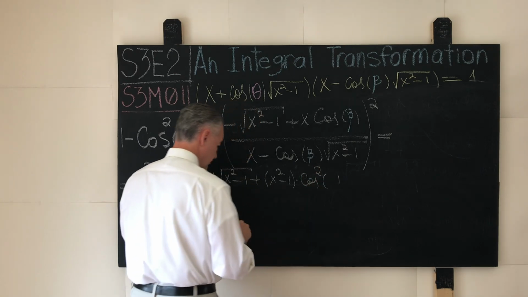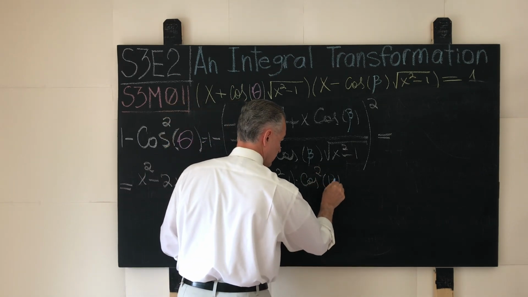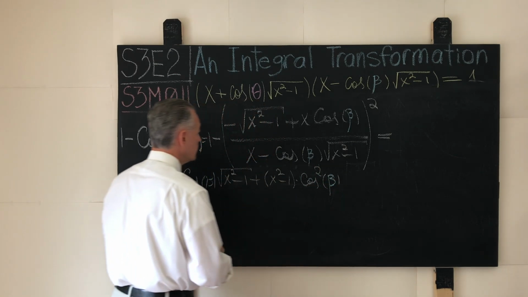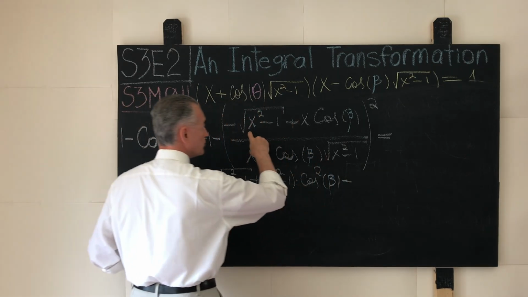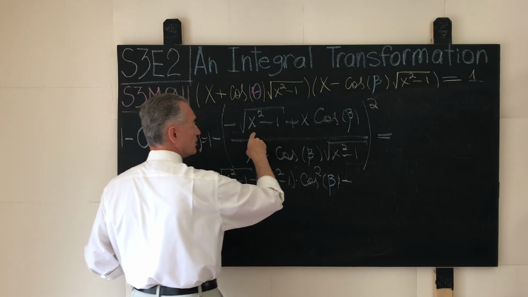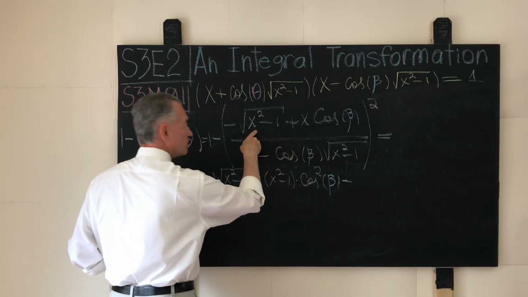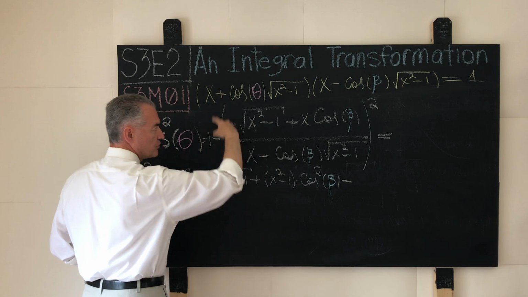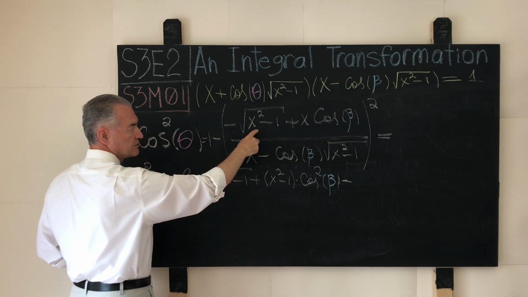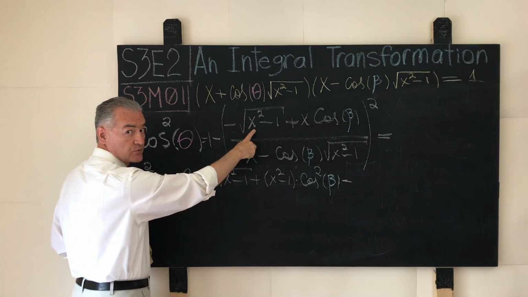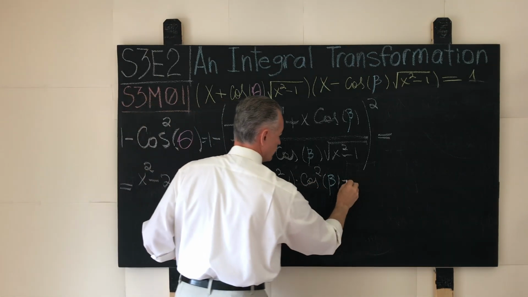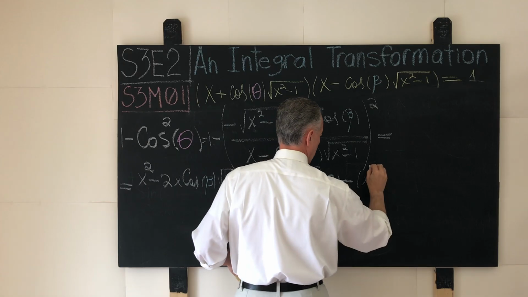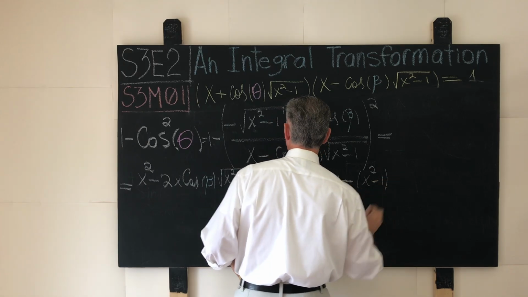This is the square of this term, cosine square of beta, minus this whole thing, minus square of this expression. So here the square of this term over here is basically the expression under the square root, you see, and we have a minus over here. This is minus, so here will be minus x squared minus 1.